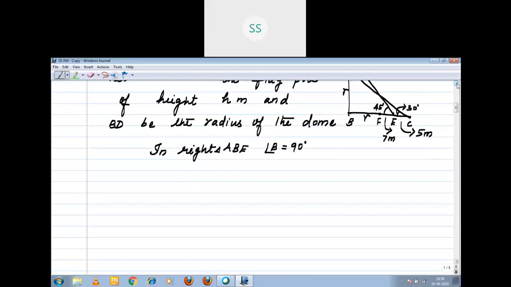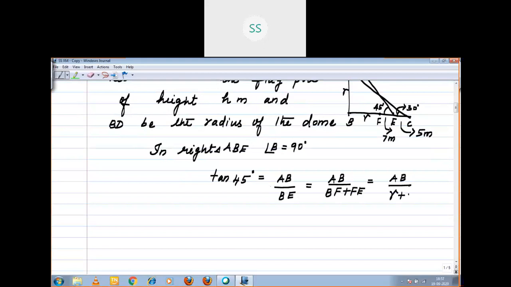ABE. That means tan 45 degree equal to AB divided by BE, which is equal to AB divided by BF plus FE. Got it? Now, AB divided by R plus 7.